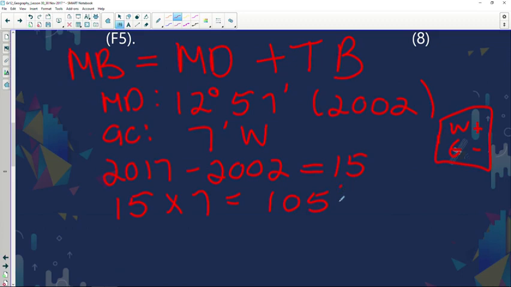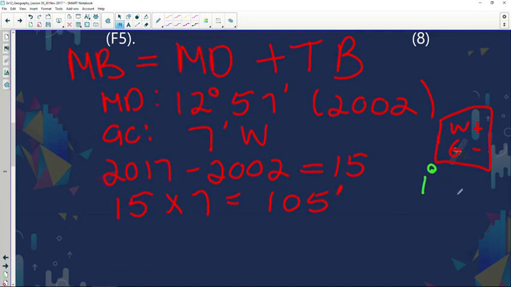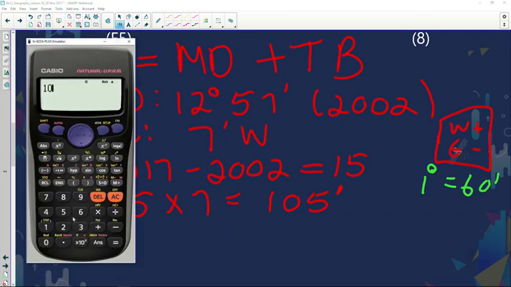Now 105 minutes. Now remember, just want to write in a different color pen, 1 degree equals 60 minutes. So let's say 105 subtracting 60 minutes. 105 minutes subtracting 60 minutes, that gives us 45 minutes.